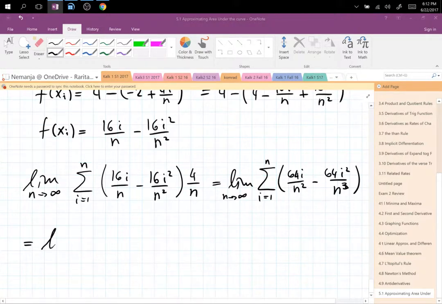Which is further, limit, we split the sums and kick out constants.